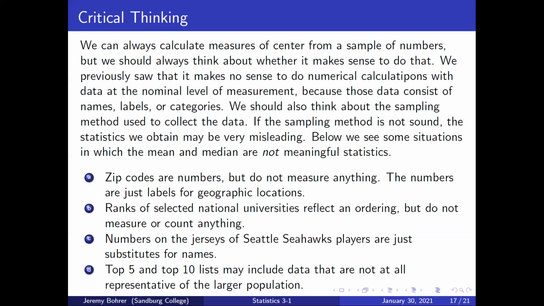Zip codes are numbers but do not measure anything. The numbers are just labels for geographic locations. Ranks of selected national universities reflect an ordering but do not measure or count anything. Numbers on the jerseys of Seattle Seahawks players are just substitutes for names. Top 5 and top 10 lists may include data that are not at all representative of the larger population.